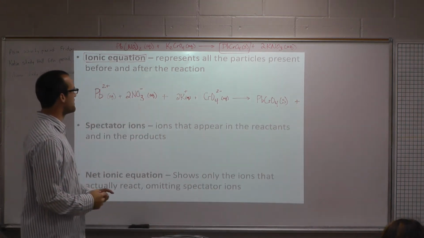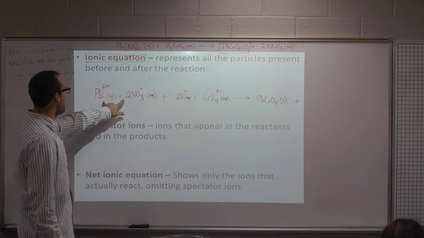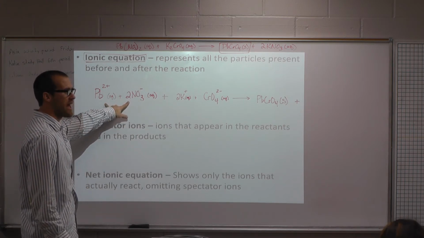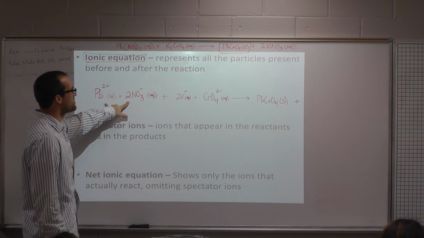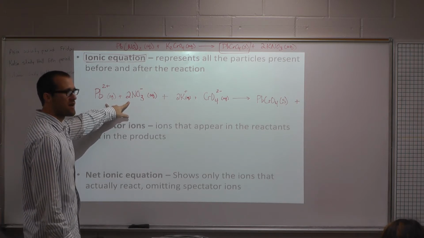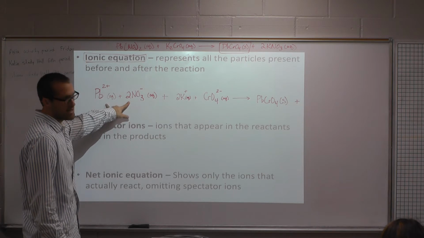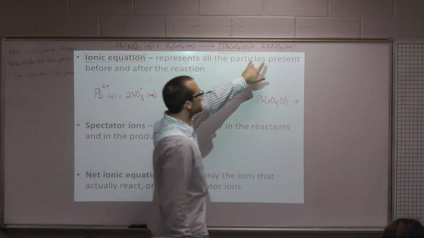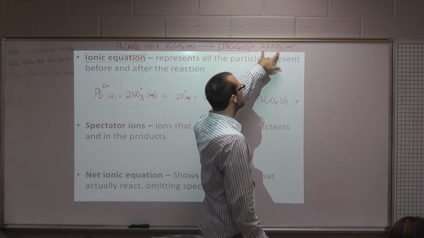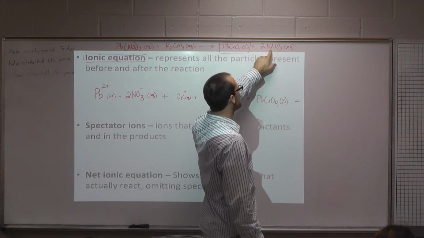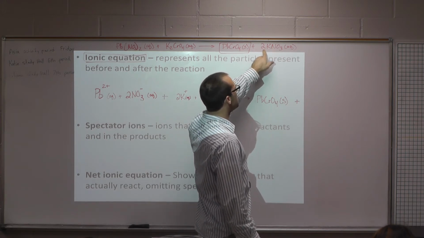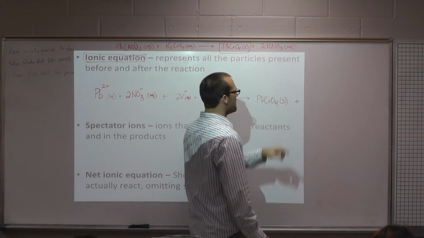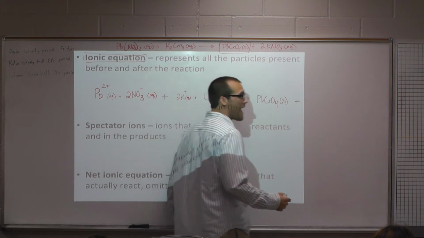All I've done here is taken the aqueous compounds and broken them down into their ions by finding out how many ions you have, by looking at subscripts and coefficients, and by uncrisscrossing to find charges. That's it. Now this is a little goofier because I don't have a subscript here, but I do have 2 KNO3s. So how many potassiums am I going to have?